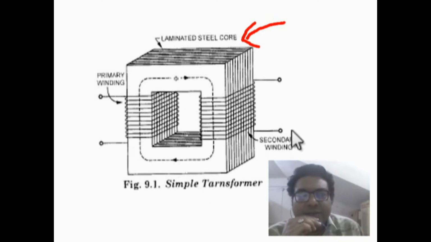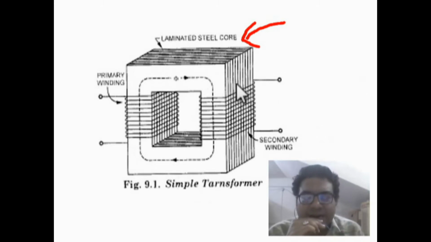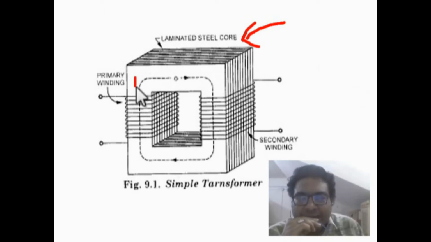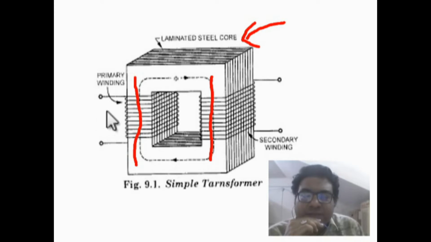So guys, here you can see, basically there are two major parts in a transformer. We will discuss it later. These are the laminations you see, made of silicon steel, and this part is called the iron core, and this is called the limb of the transformer, and this is another limb of the transformer on which insulated copper windings are wound on each limb.